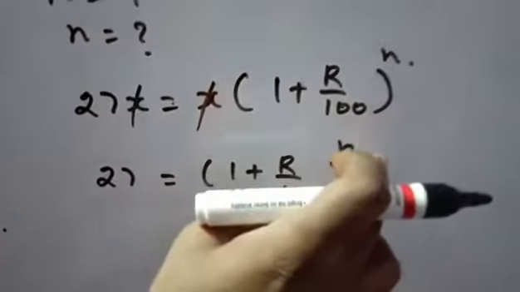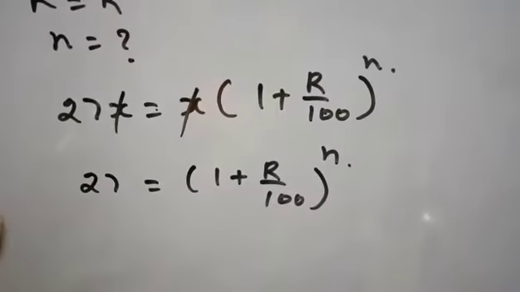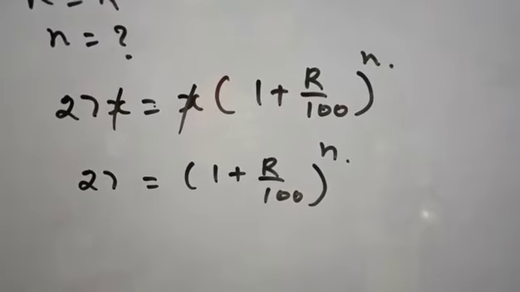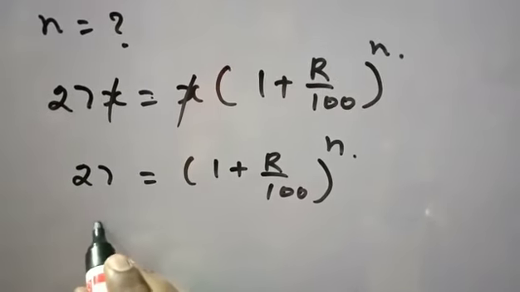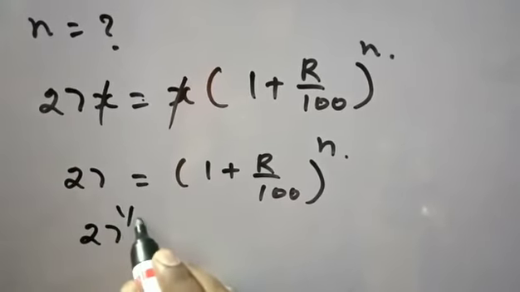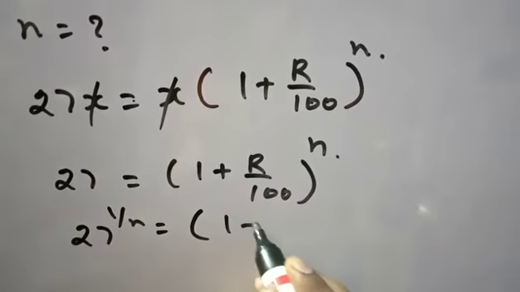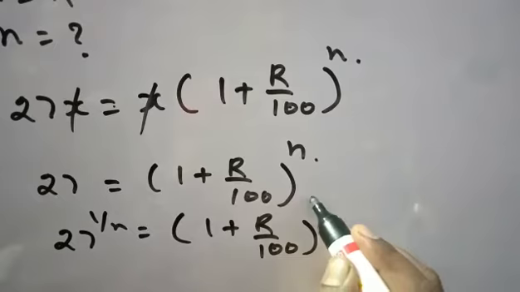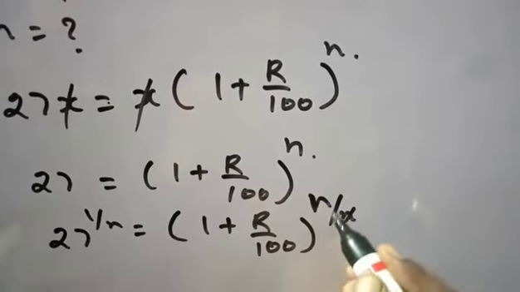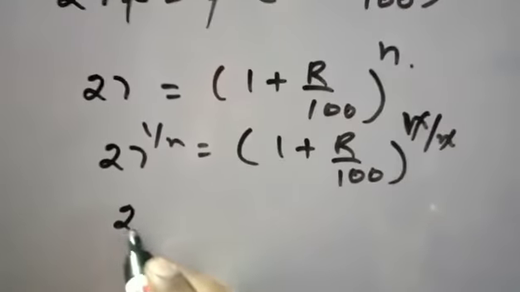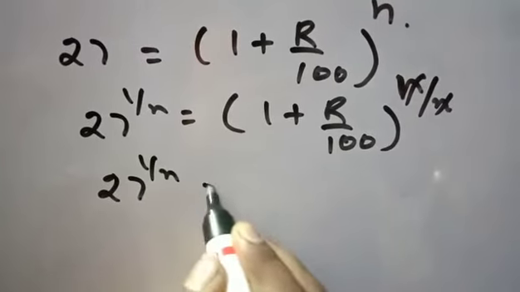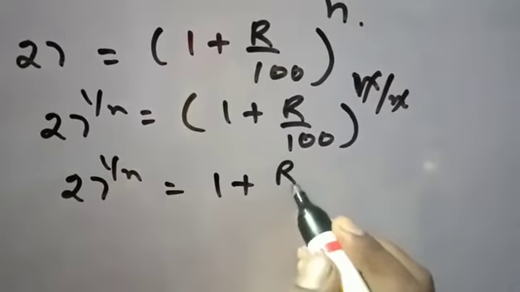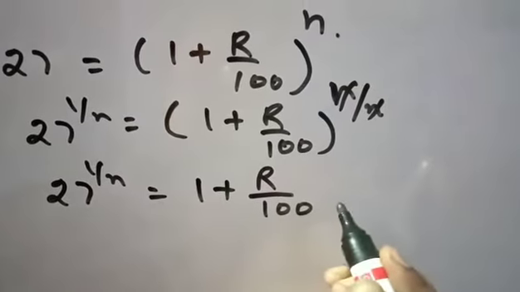So we need to remove the power n. So both the sides we can multiply by power 1 by n. So 27 power 1 by n equal to (1 plus r by 100) power n by n. This will cancel. So we have 27 power 1 by n equal to 1 plus r by 100.